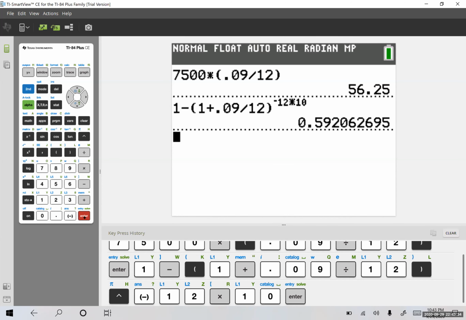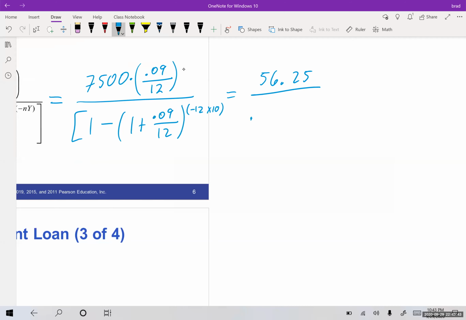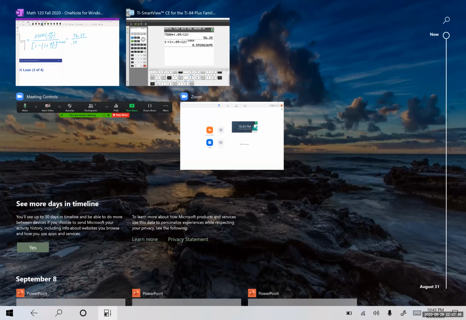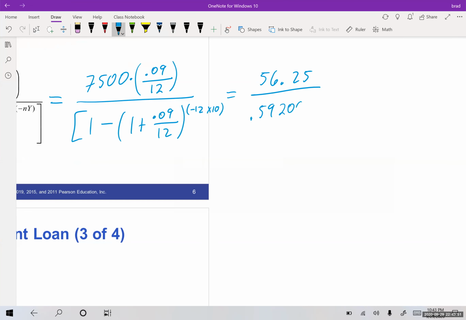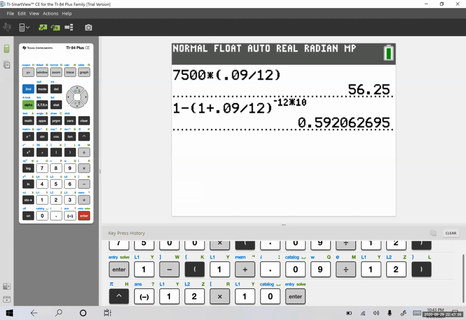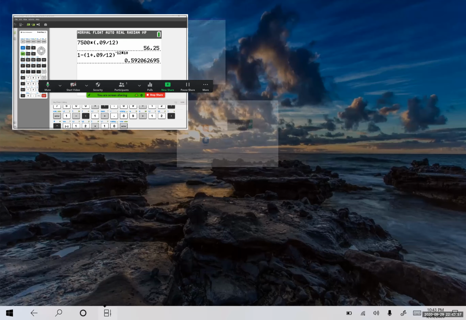Yep. So our denominator is 0.59206. I'm going to write all of those, just because I don't want to round off till the end. And technically this is rounding off, but hopefully this won't affect the dollar amount.